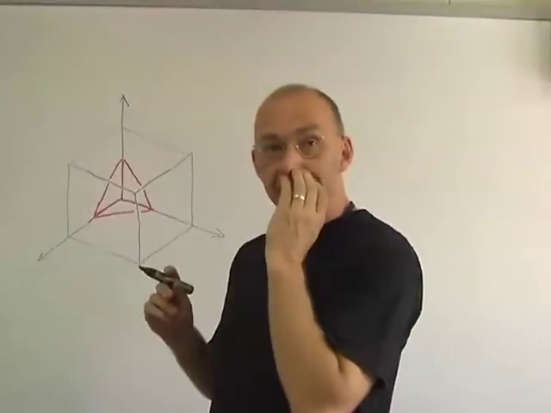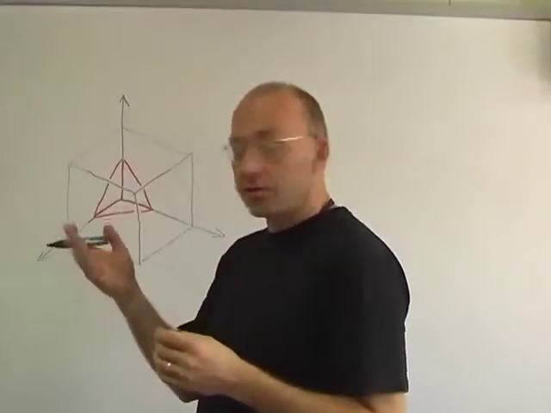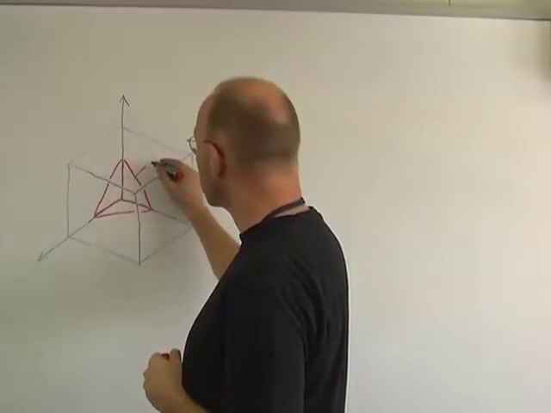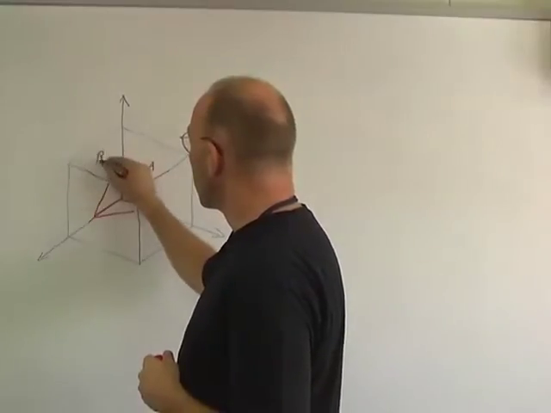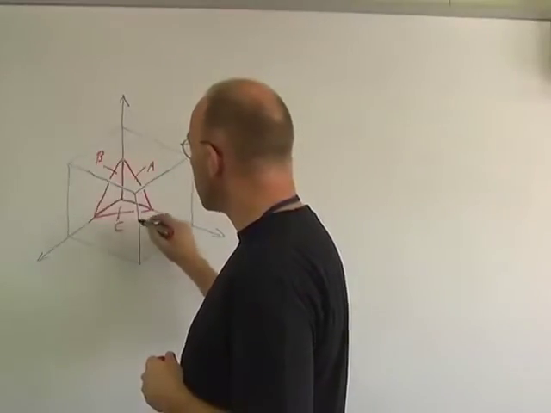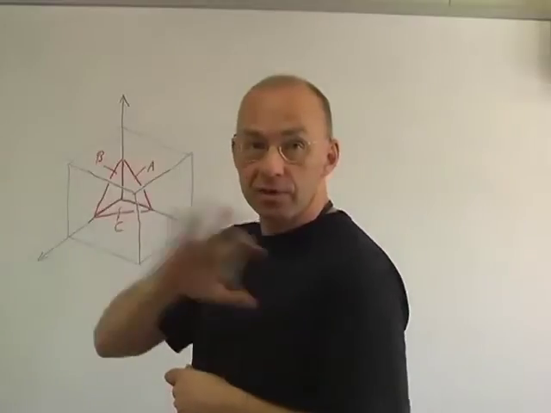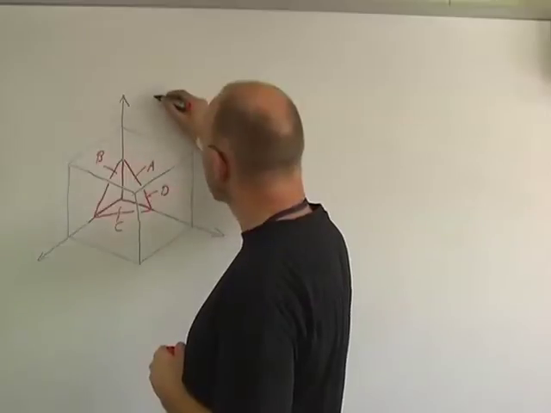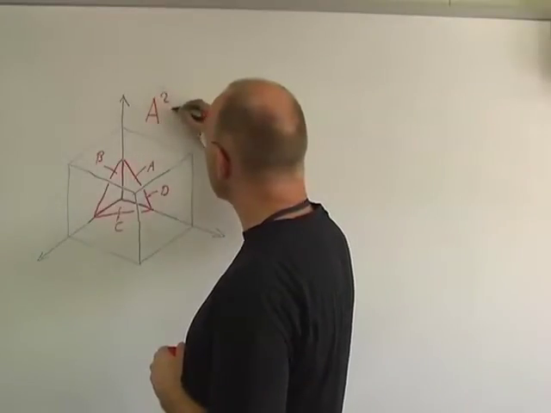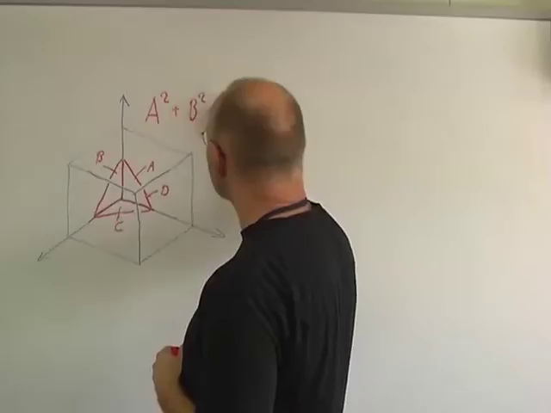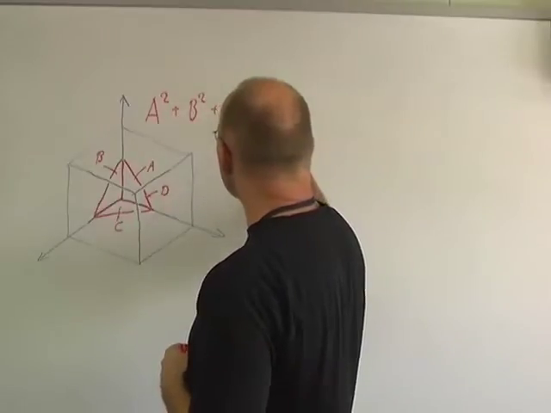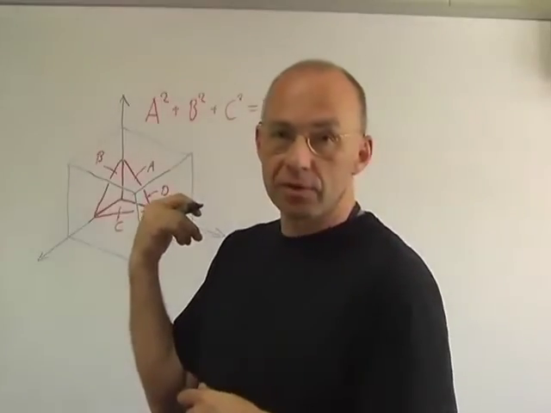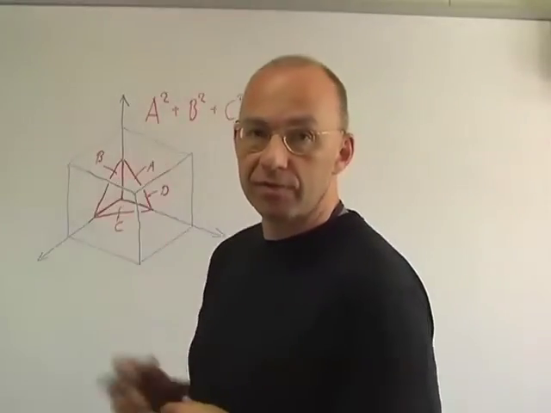We've got a cube, we've cut off a corner, and we've created a 4-sided pyramid, and it's got three sides. Maybe we call them A, B, and C. And there's also a 4th side, which is basically the cross section, which is D. What you're supposed to show is that A squared plus B squared plus C squared equals D squared, if we take those letters to mean areas of the respective triangles.